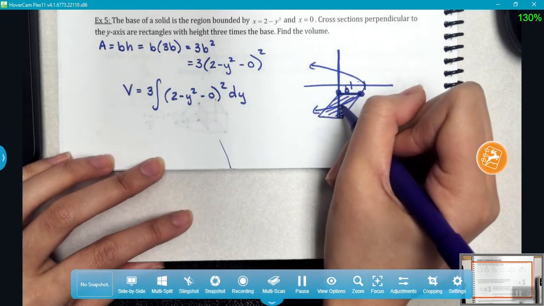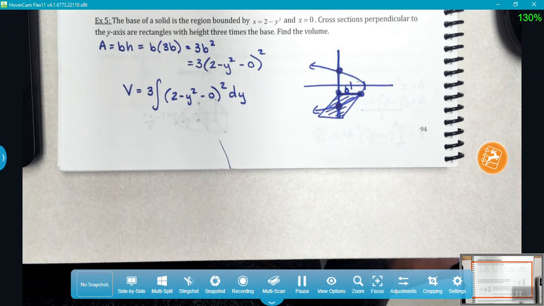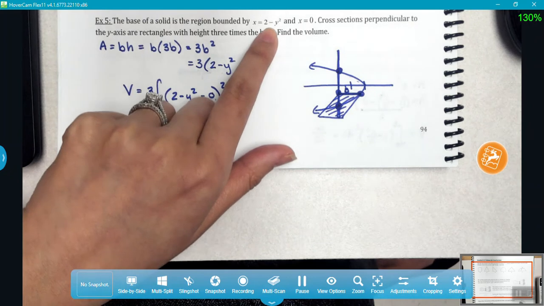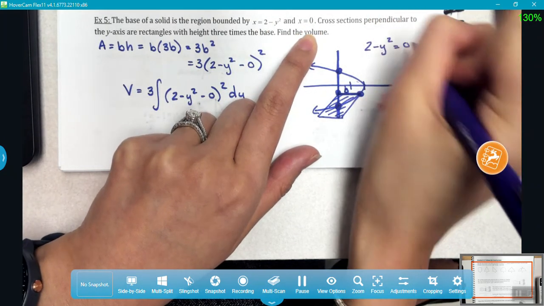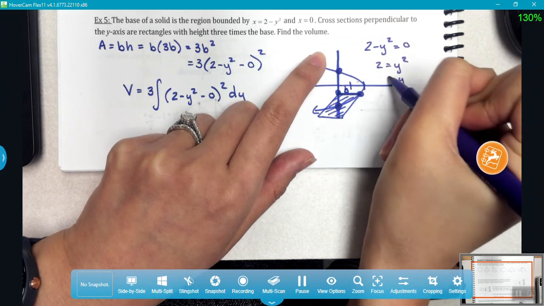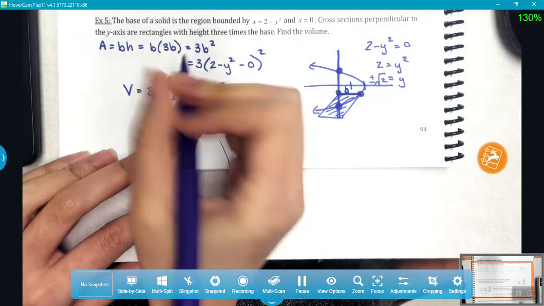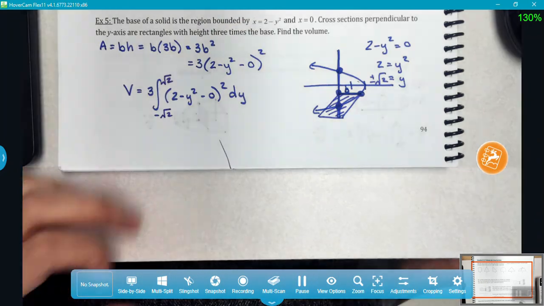So I need to know my lowest point down here, and I need to know my highest point up here. So if I set this equal to this, so plus or minus √2, right? So those are my y values. So I have a negative √2 and a positive √2 up here.